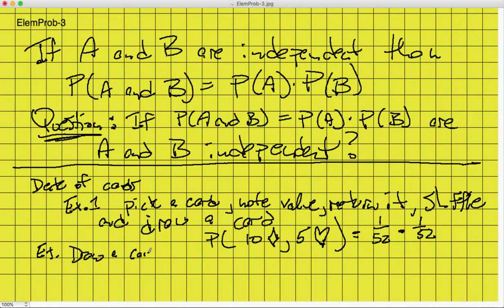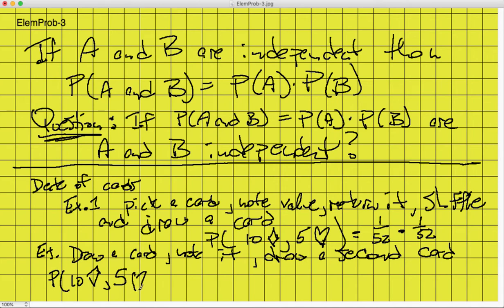I draw a card, note it, and I draw a second card. Okay? And now I say, what is the probability of a 10 of diamonds and a 5 of hearts?